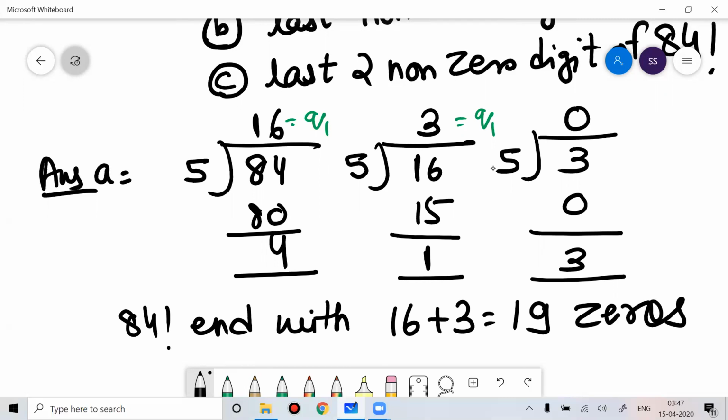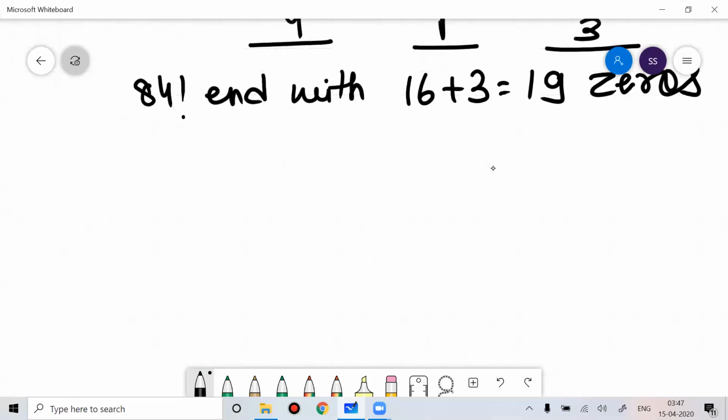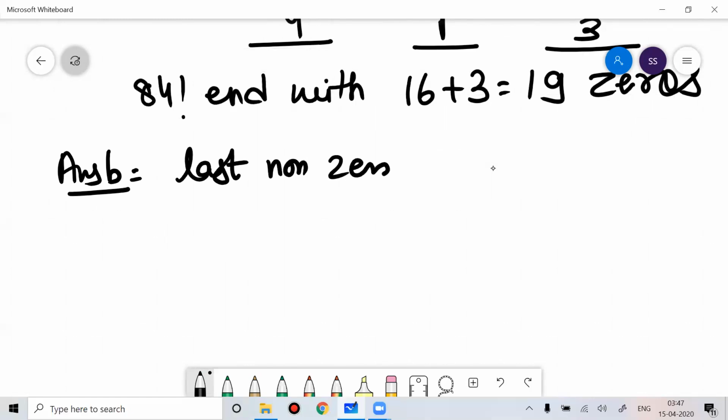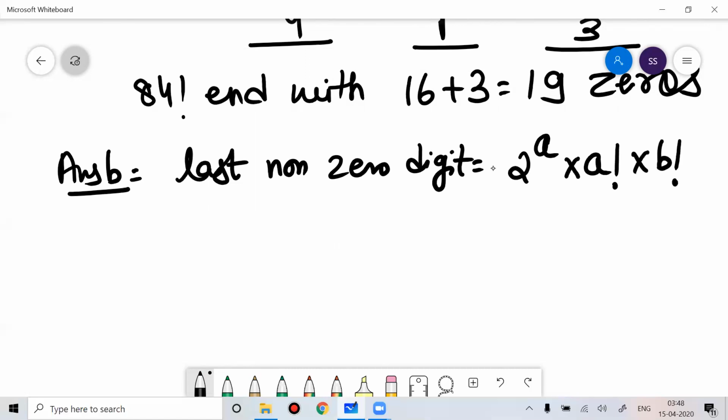Very good. Now let's do the next part of the question. Answer B: what is the last non-zero digit of 84 factorial? For finding the last non-zero digit, we use the formula 2 to the power a into a factorial into b factorial.